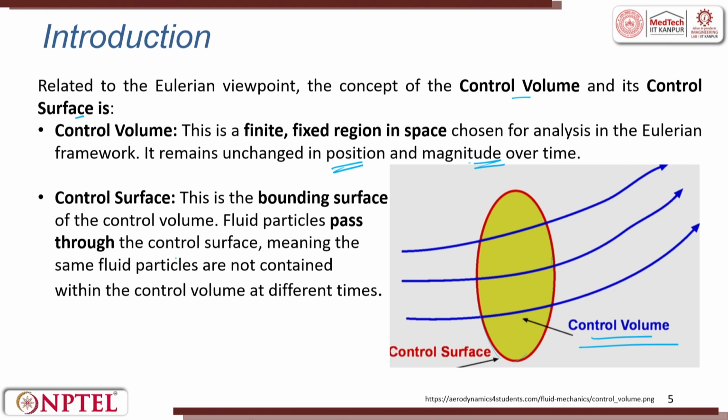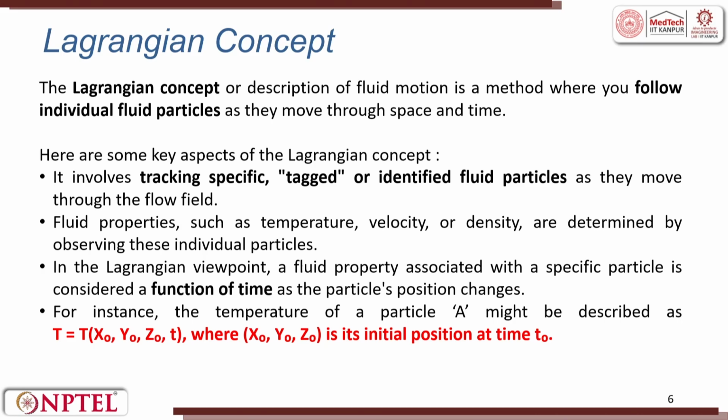The fluid particles pass through the control surface, which means the same fluid particles are not contained within the control volume at different times. Now the Lagrangian concept, or description of fluid motion, is a method where you follow an individual particle as it moves through space or time.